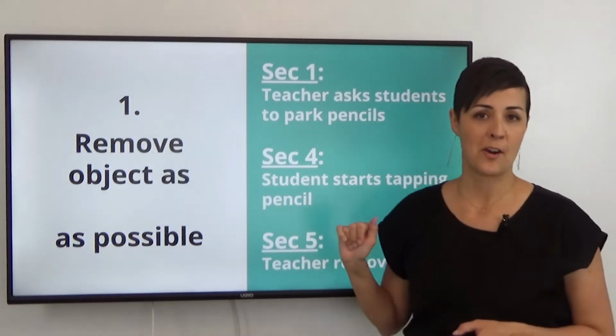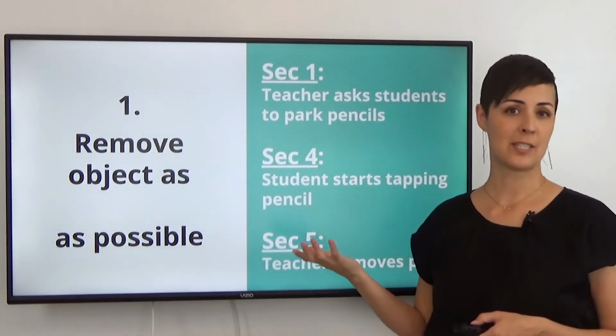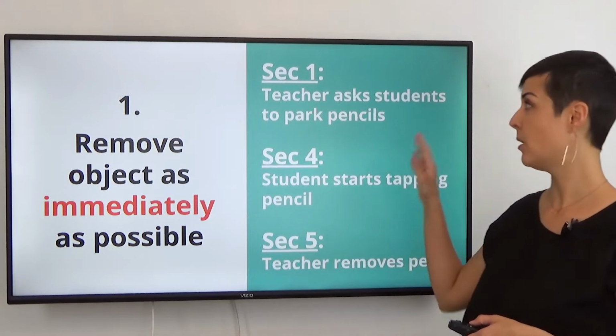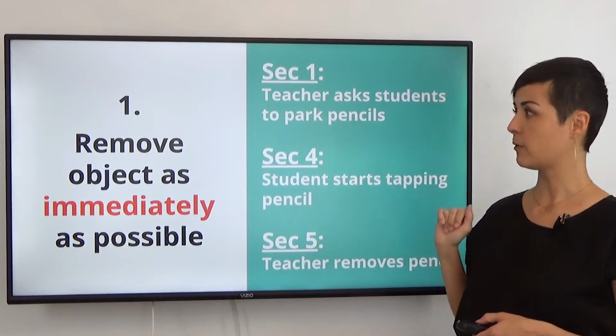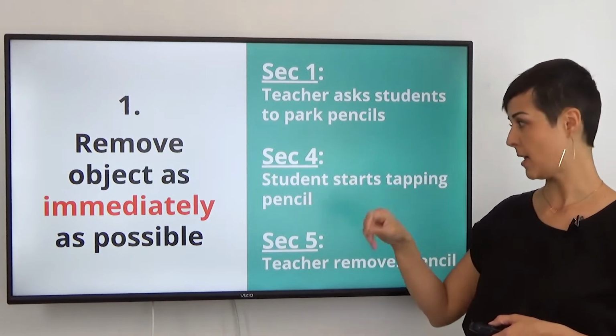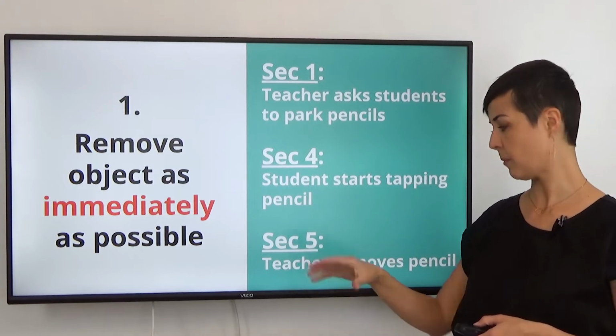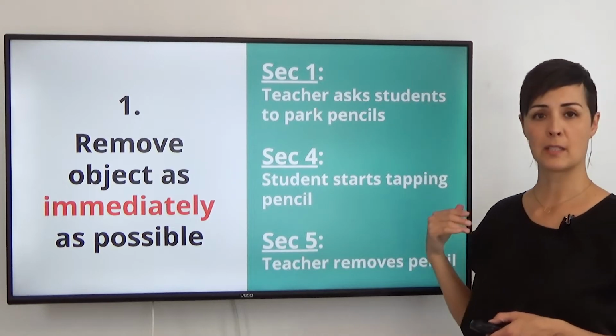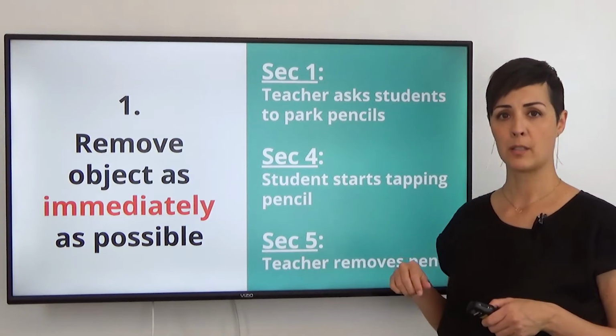Well, you're not going to be surprised to hear that the very first step we take is to remove the object as immediately as possible. So the first second I've asked for students to park pencils, by the fourth second Ty is tapping his pencil, and by the 5th second I'm going to remove that pencil. Why? Because I have just stated my expectation that pencils be parked.